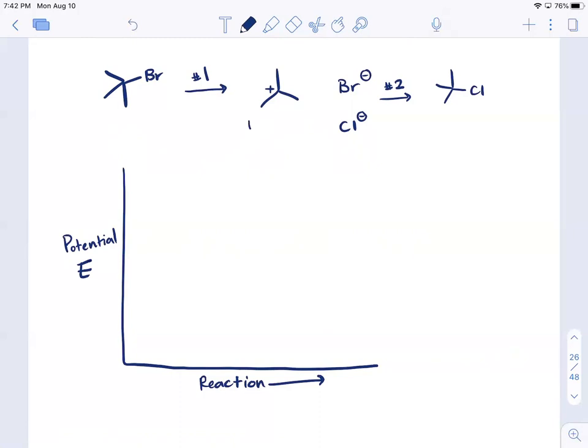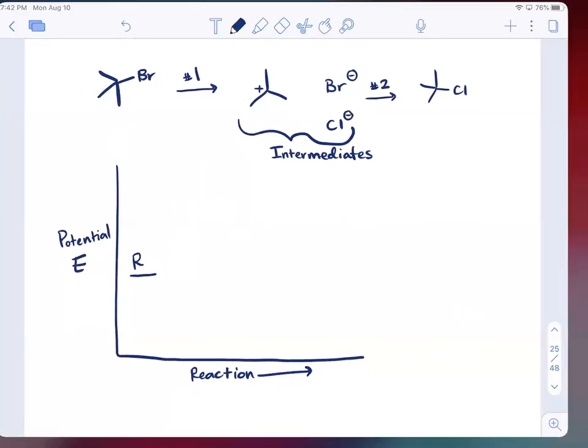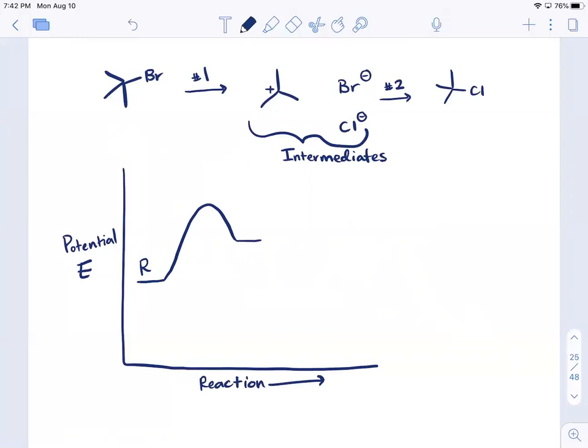Now, if we look at these right here, these are the intermediates. They're not the products. They're what's in between the 2 steps. So we can see reactants are going to form intermediates. I like to put a little level there so that we have room to breathe a little bit before we go into step number 2.